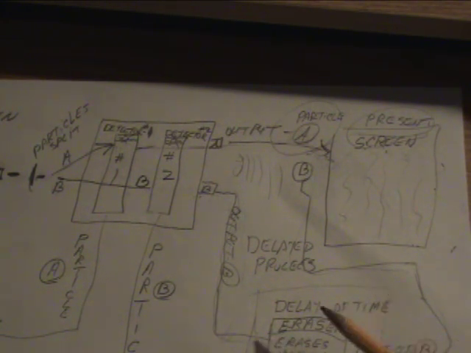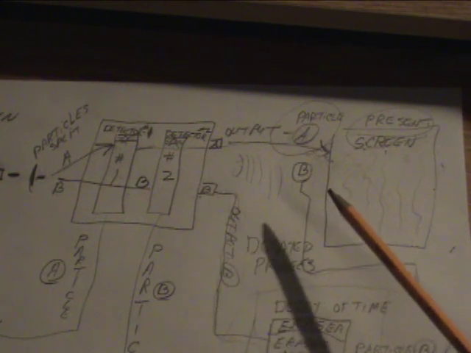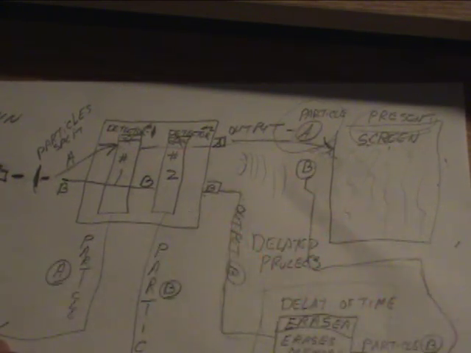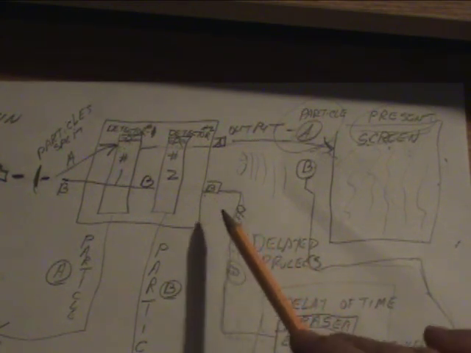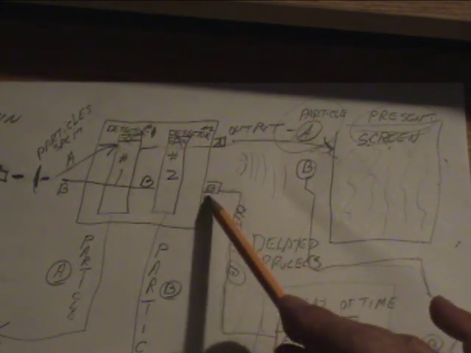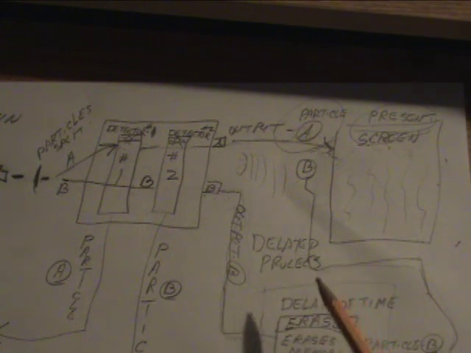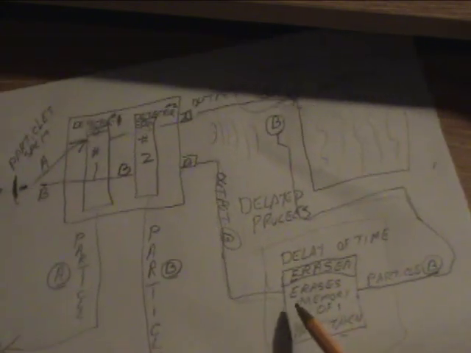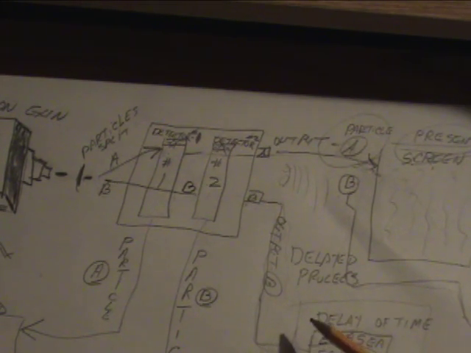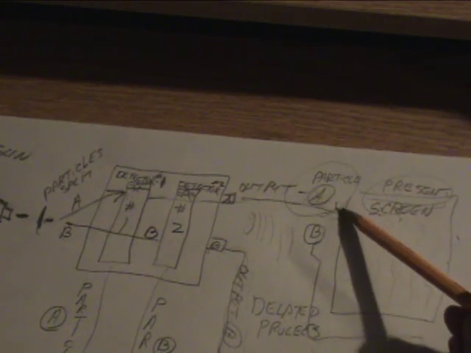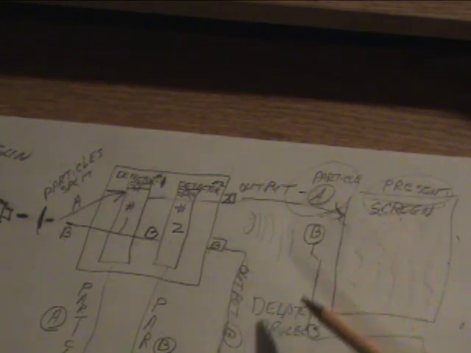Not only was the memory erased to confirm that the detectors did not influence the results, but also in the delayed process of particle B, in order to have its memory erased, the path that it took was erased. It took a while after this particle already registered.